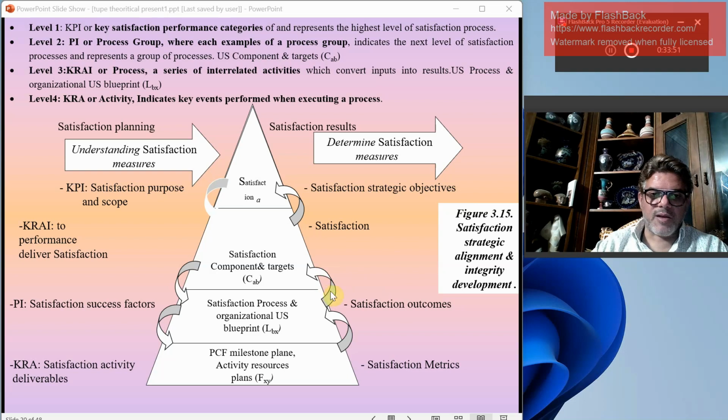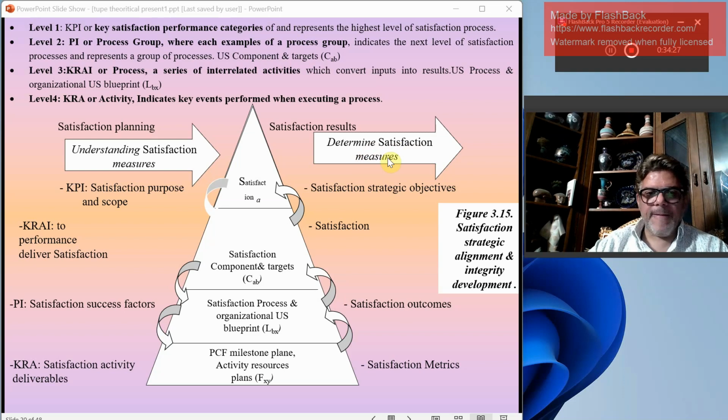With mathematical evaluation, it's going to be the performance indicator satisfaction. With mathematical evaluation, I'm going to have key performance indicator, satisfaction, strategic objectives. Okay, but then I will have all my semantics to determine satisfaction measures.